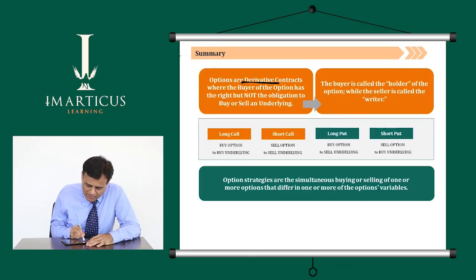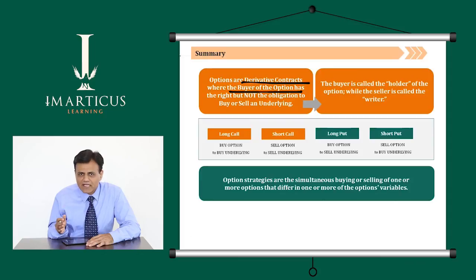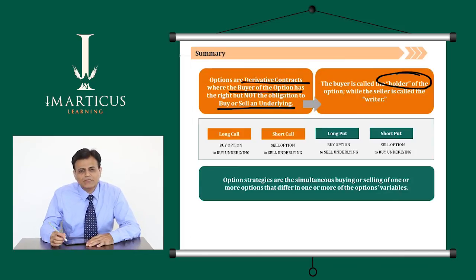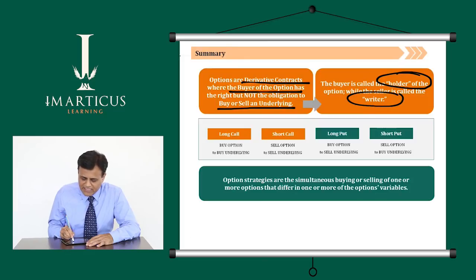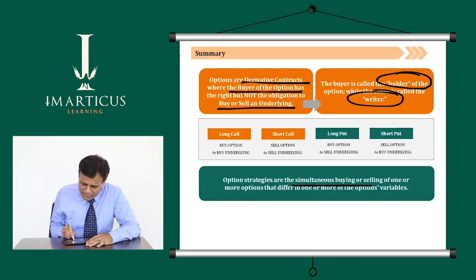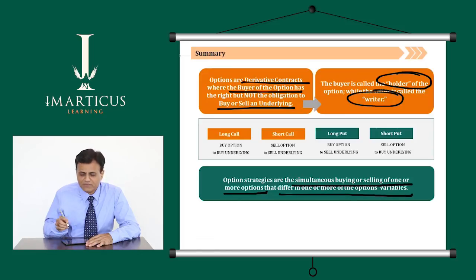The buyer of the option is called the option holder, whereas the seller of the option is called the option writer. Option strategies are simultaneous buying or selling of one or more options that differ in one or more option variables.